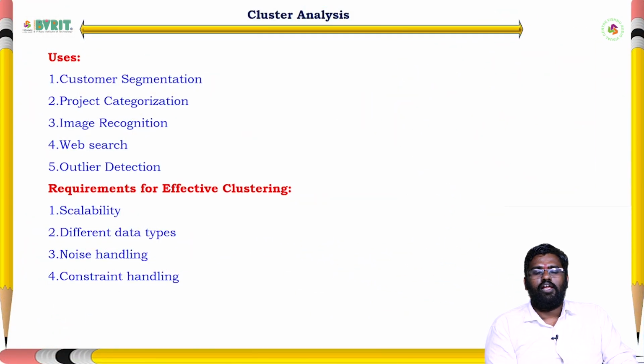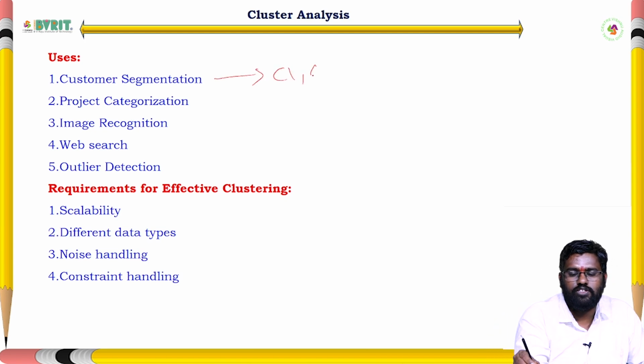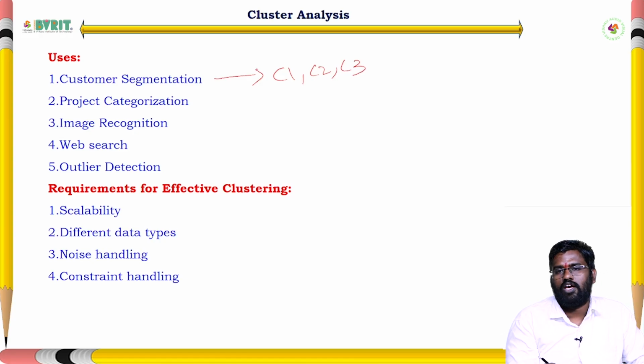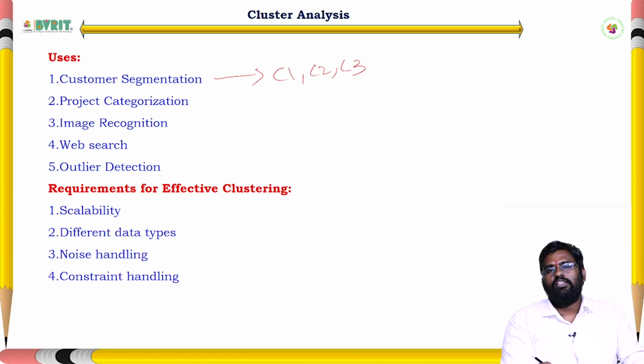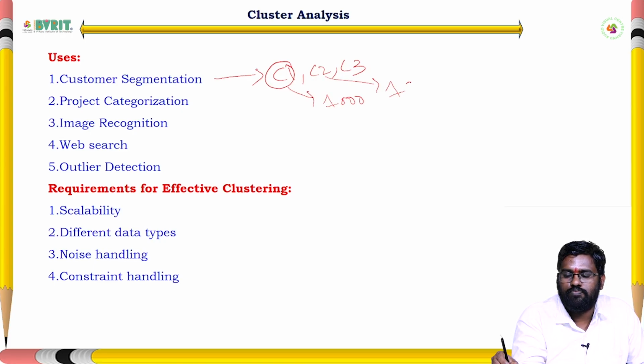Now, where are we using this cluster analysis? One use is customer segmentation. For example, we have different types of customers, C1, C2, C3. How we divide them into segments: for example, one customer is purchasing 1000, another 10,000, and another 15,000.